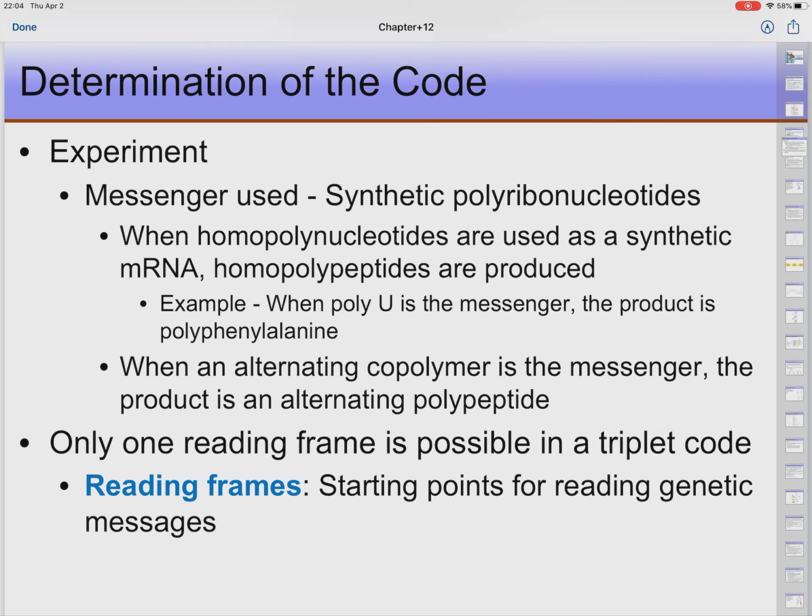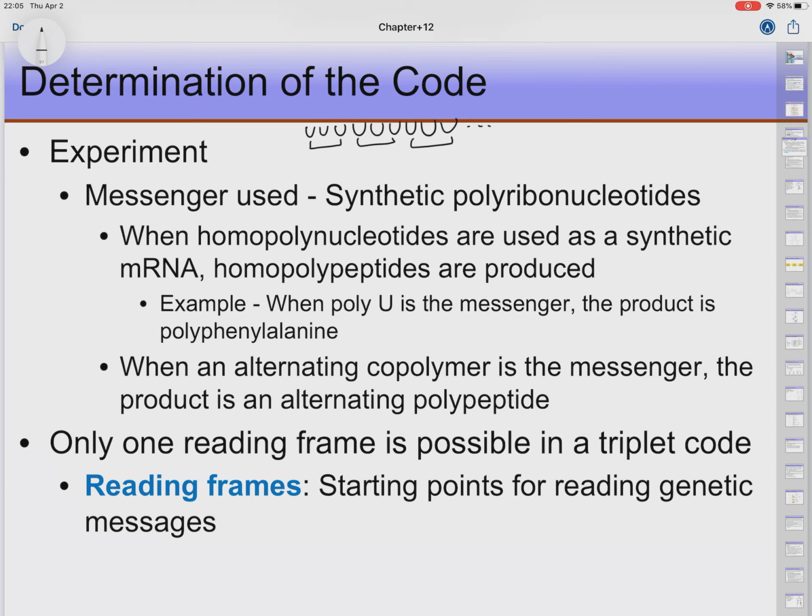The experiment that they used was pretty neat. They synthesized some artificial mRNAs. Let's say they did one with a bunch of U's, a poly-U mRNA. The only codon you can get from a poly-U mRNA is UUU, UUU, UUU.